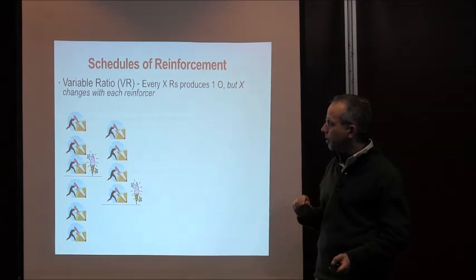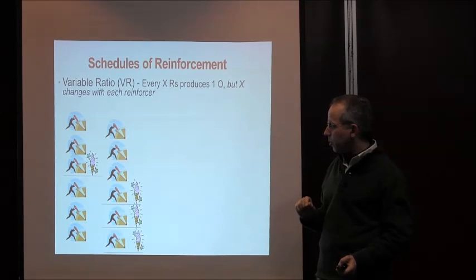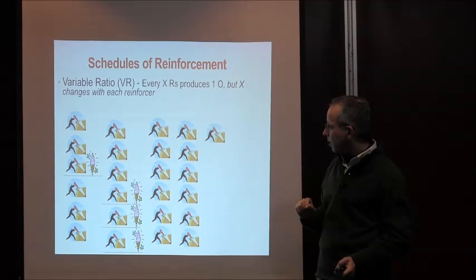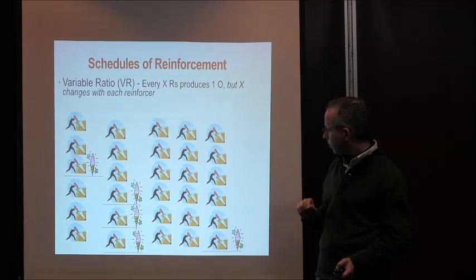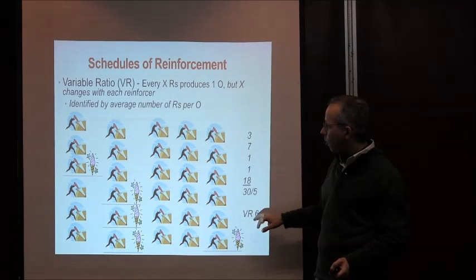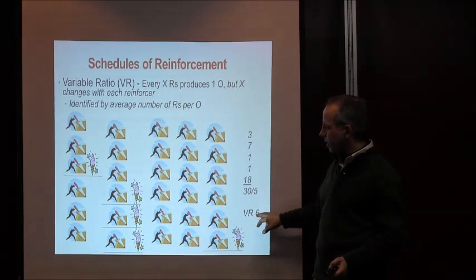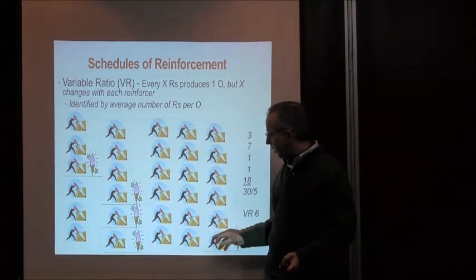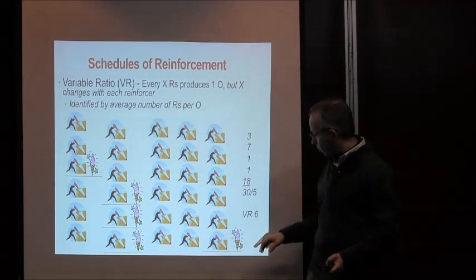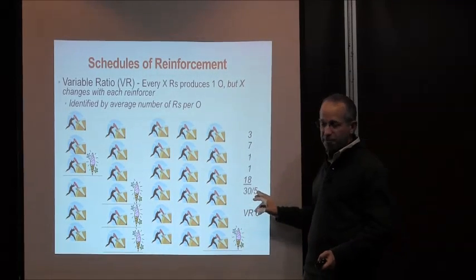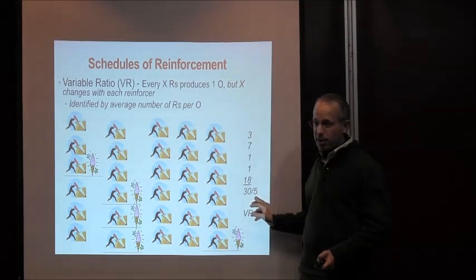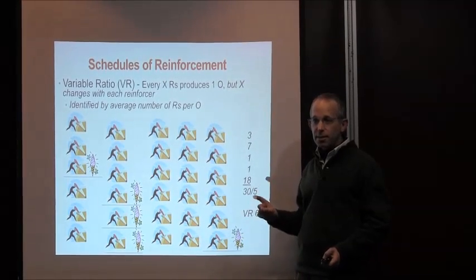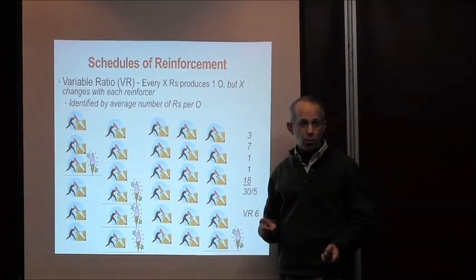So overall, there's a variable ratio of 6, which means that on average, over the experiment, there were a total of 30 responses and 5 rewards. So on the average, you need to produce six responses to get 1 reward.